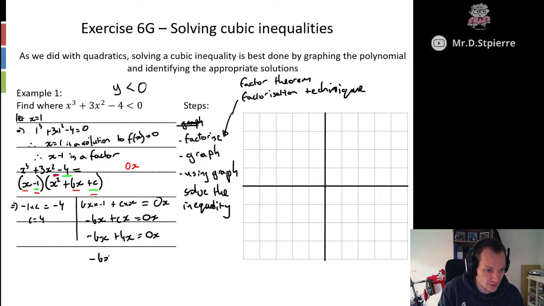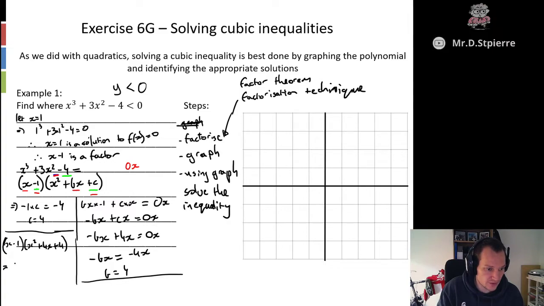So negative bx is equal to negative 4x, so b is equal to 4. From that, we now have x minus 1 times x squared plus 4x plus 4.